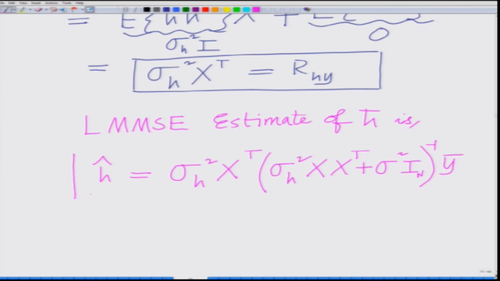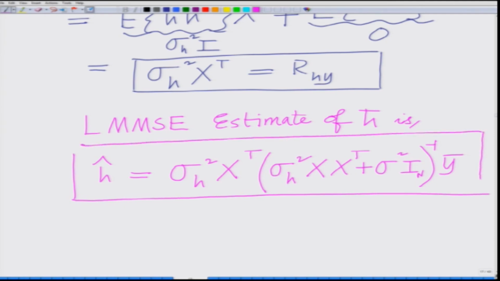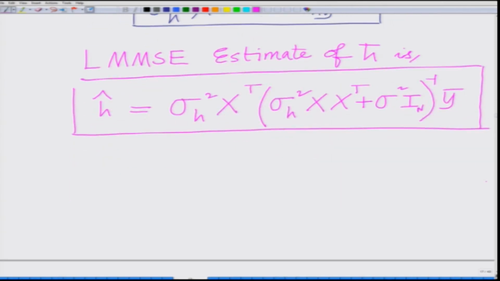This is your expression for the LMMSE estimate of the channel vector H bar. Let us write this down again.